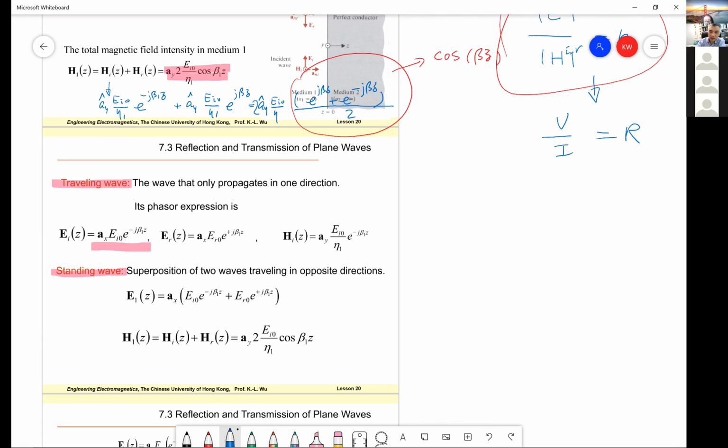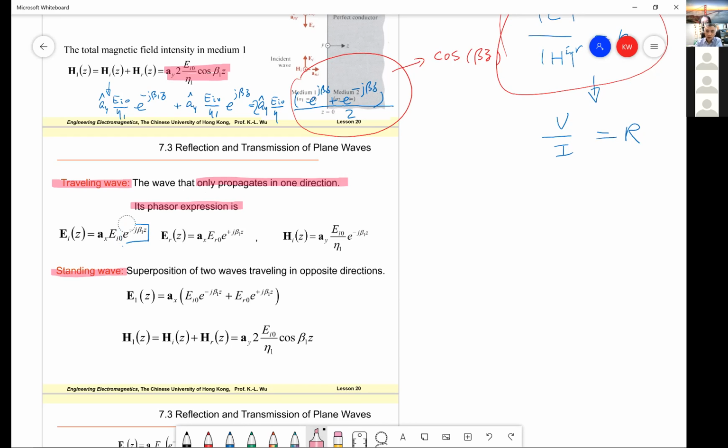If you describe the wave by an exponential function, and the wave only propagates in one direction in the phasor expression, it is a traveling wave. This is the first principle, a definition.